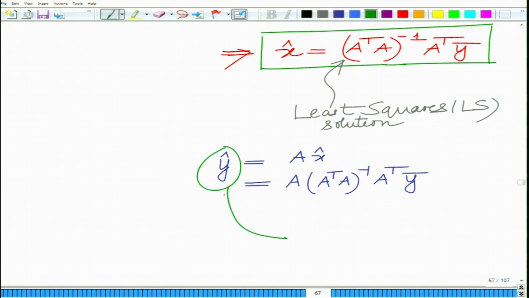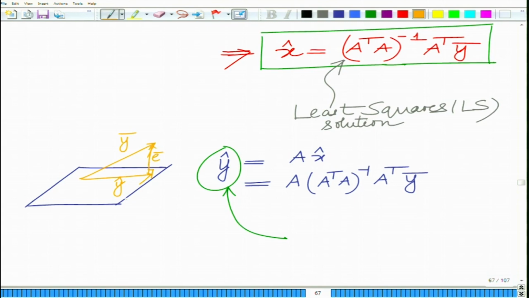Remember, y hat is the best approximation. Now, if you look at this plane again, let's go back and look at this plane again. This is your vector y bar, this is your vector y hat, and the resulting error vector is orthogonal.